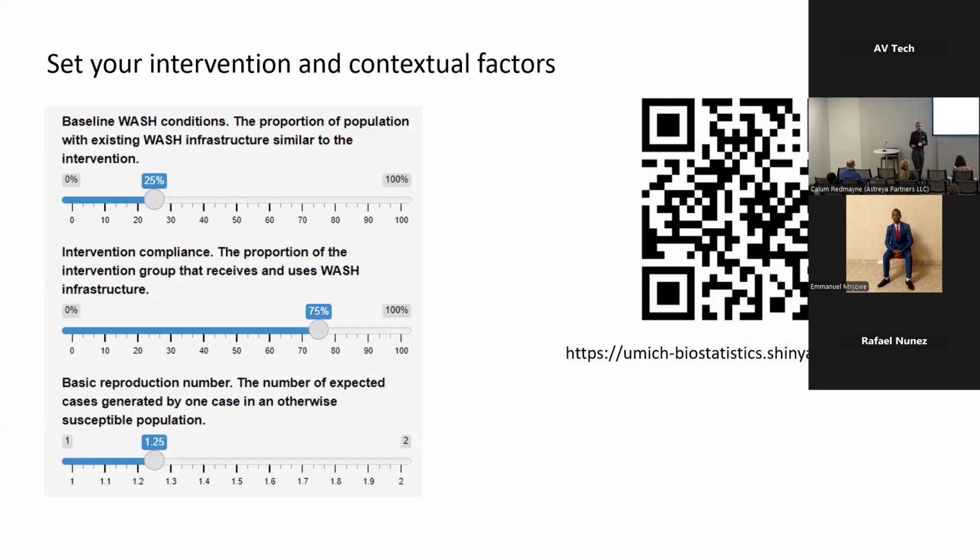Also keep in mind that the more efficacious your intervention is, perhaps the lower the compliance is, because there are these trade-offs between high-tech or high-use or difficult-to-use interventions that make it less likely to actually be used as intended, or to break it.